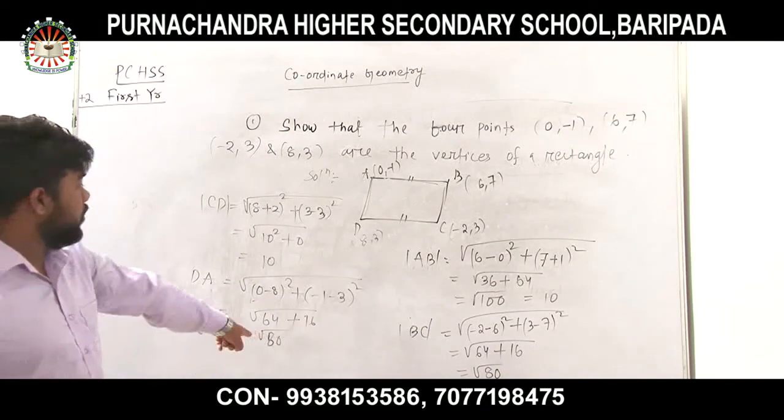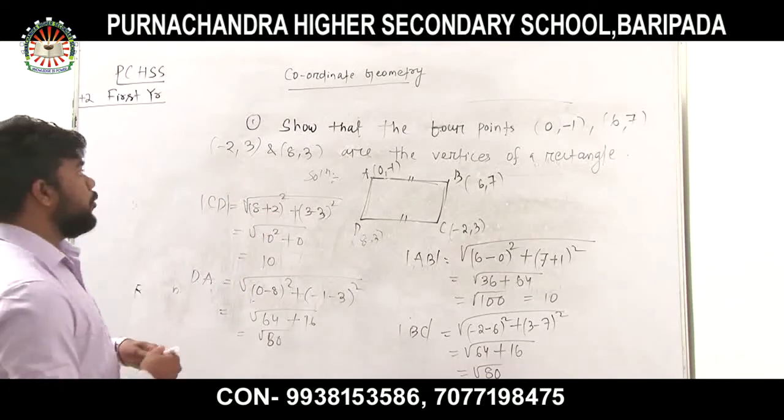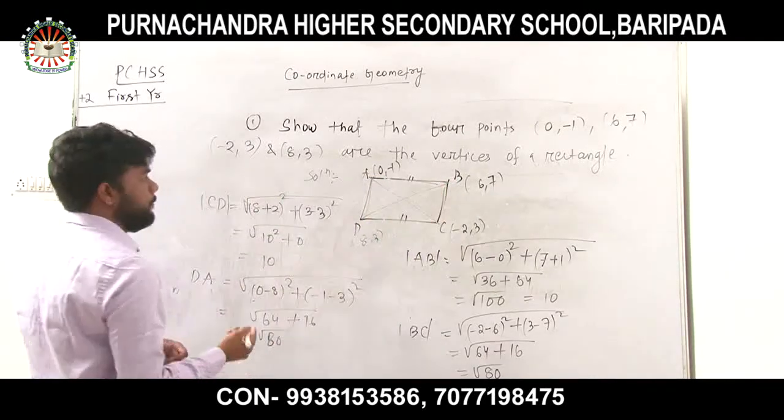Root of 80. Now for a rectangle we also calculate the distances of AC and DB.